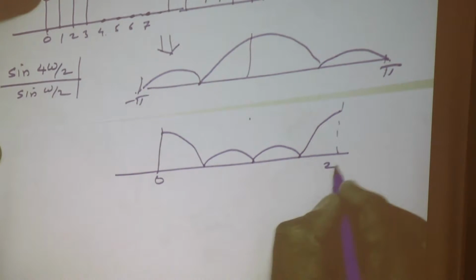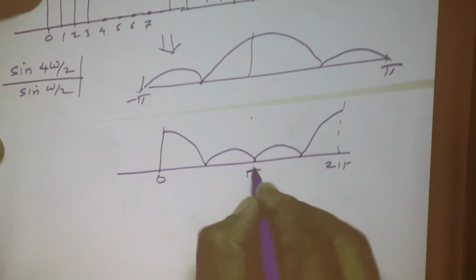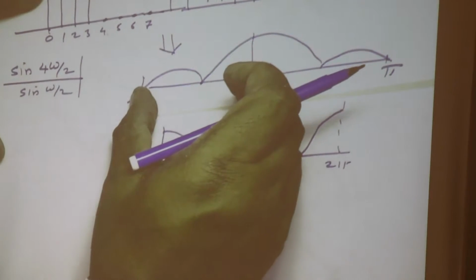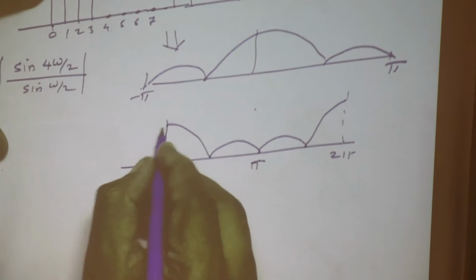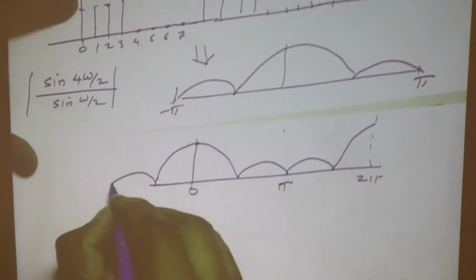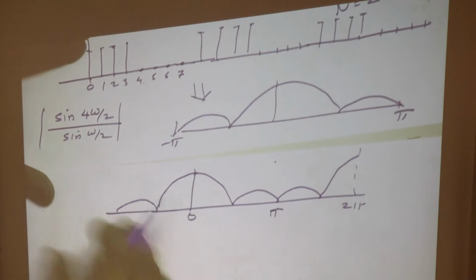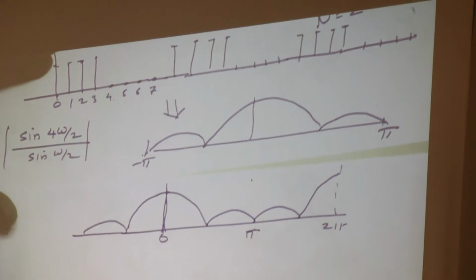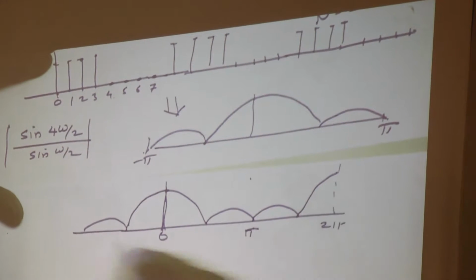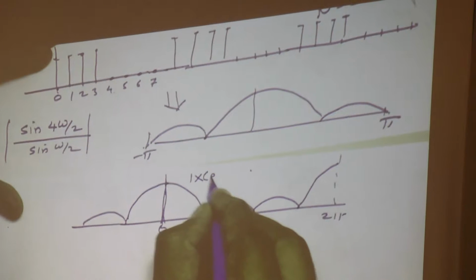This is 0, this is 2 pi, this is plus pi. So, whatever exists from minus pi to 0 will appear here as well. It is a periodic function, so it repeats. Now, I will consider only the sample values between 0 to 2 pi. So, this is my capital X of e to the power j omega.